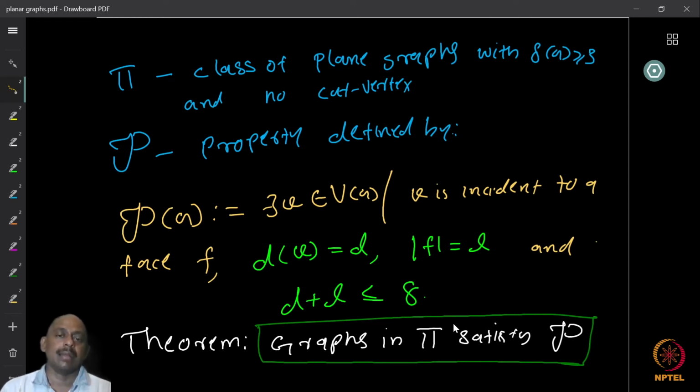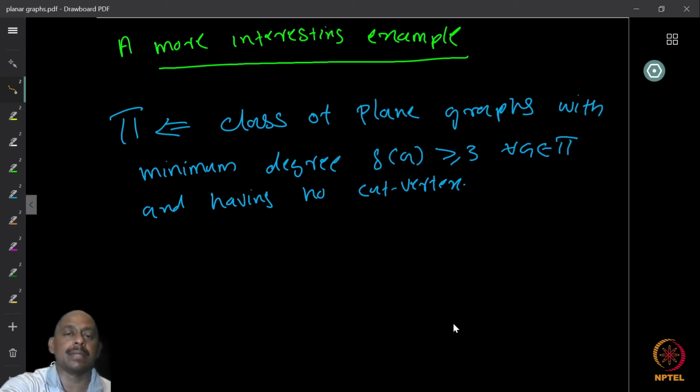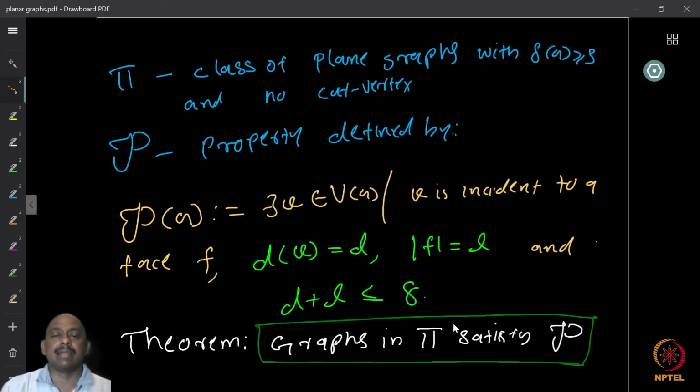So the graphs in phi satisfy property P. So if you are looking at plane graphs with minimum degree 3 and no cut vertex, then it will always have a vertex and an adjacent face whose sum is at most 8. So we want to prove this. We are going to use the discharging method to prove this.